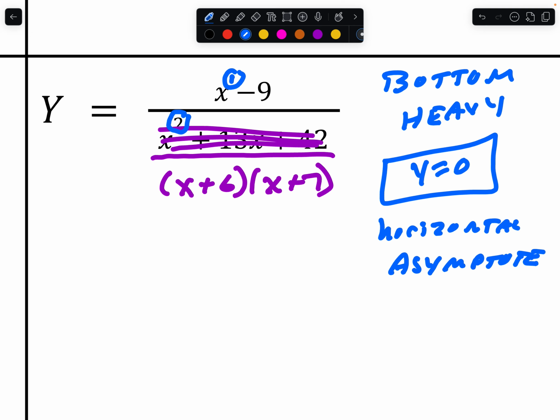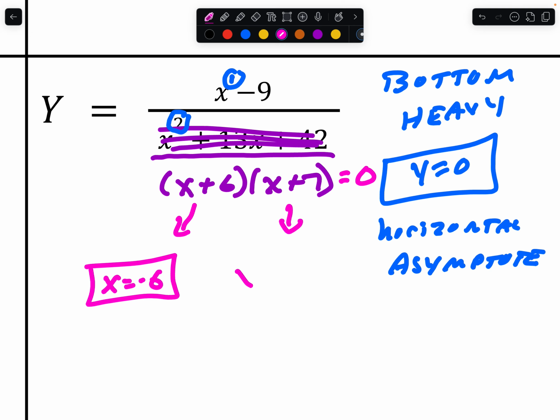And now, to determine our vertical asymptote, where is this equal to 0? So I know if I substitute in negative 6, our function will be undefined. And then I know if I substitute in negative 7, our function will be undefined. So there are two vertical asymptotes.